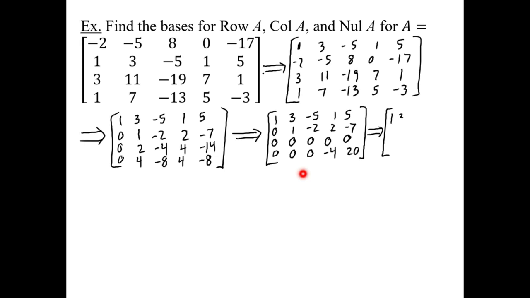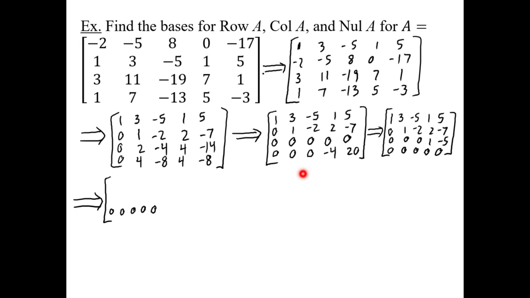So this will be 1, 3, -5, 1, 5, 0, 1, -2, 2, -7. Let me switch them to reduce. We get 0, 0, 0, 1, -5, and of course 0, 0, 0, 0, 0. Okay. But yeah, I do need a reduced echelon here. So bottom row's good. Third row's good.